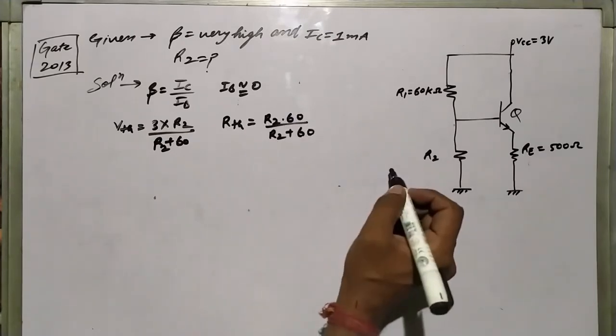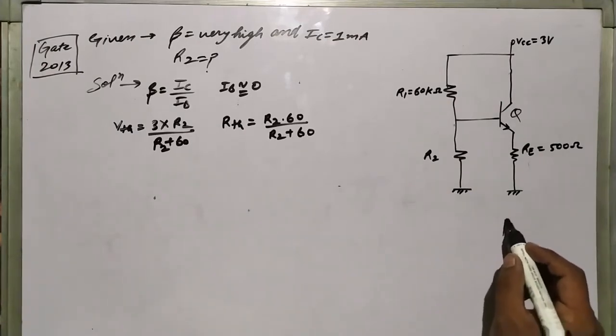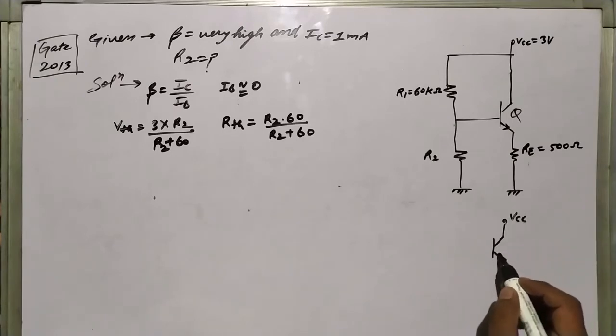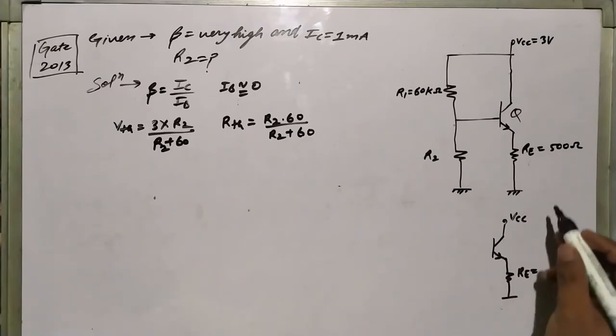Now we can make our circuit like this: VCC and then RE equal to 500 ohm.